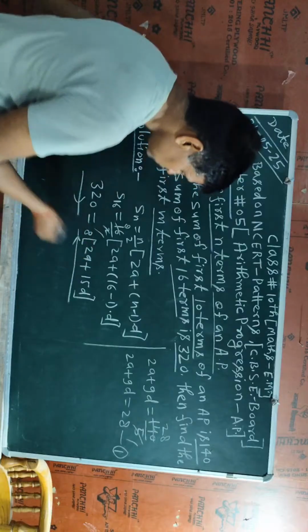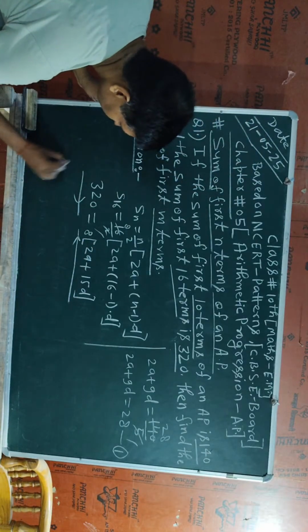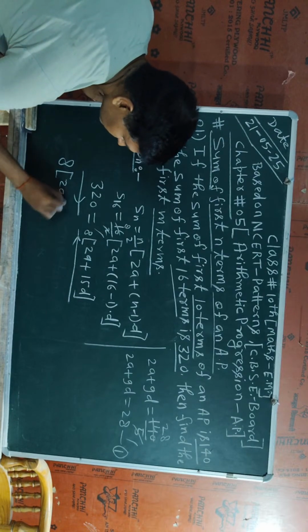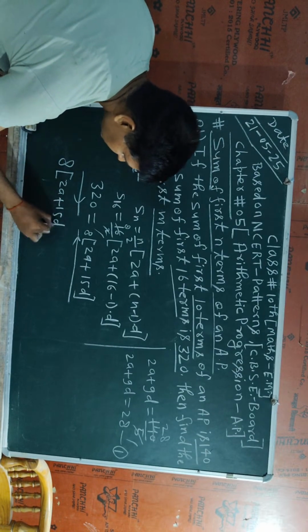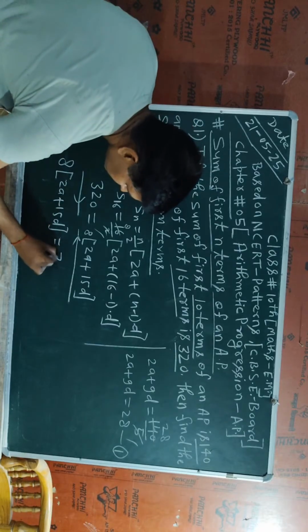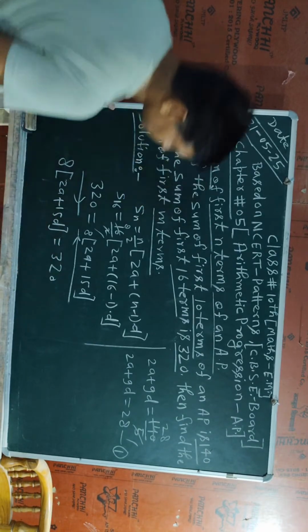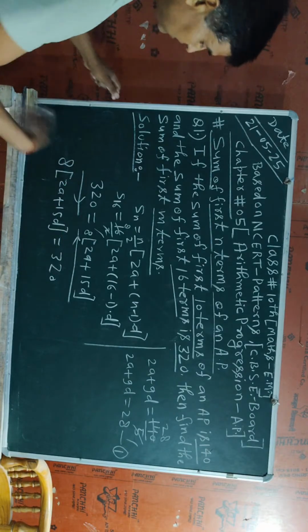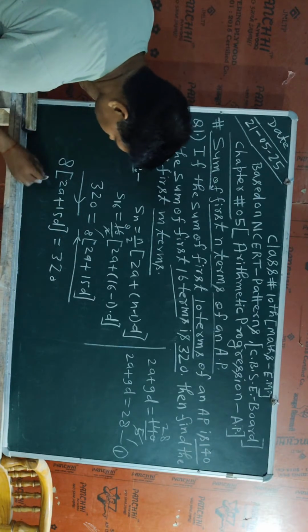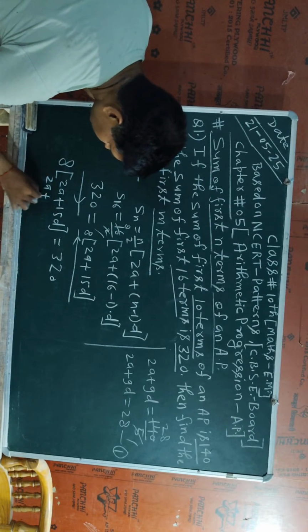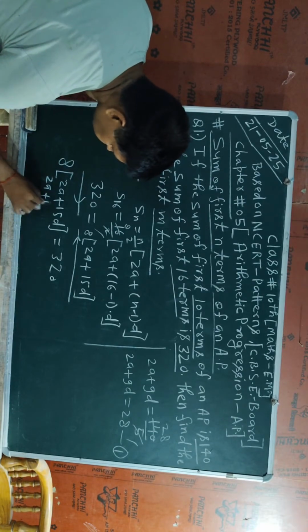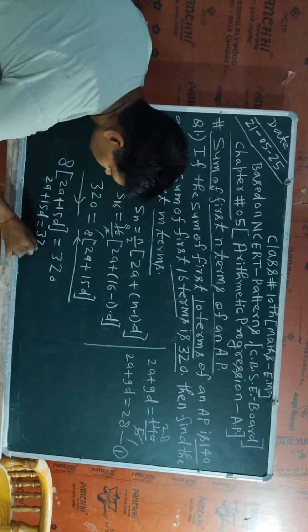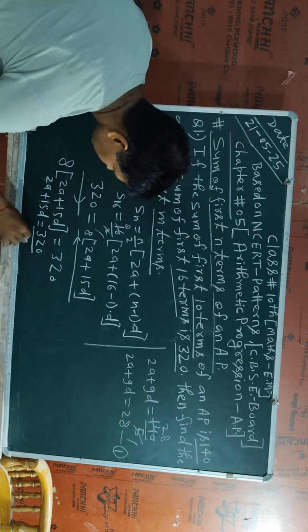Okay student, I will follow it, and after following I will write 8 into (2a plus 15d) which is equal to 320. The 8 will go to the right hand side, so it will divide 320 by 8, that is 2a plus 15d which is equal to 320 divided by 8.